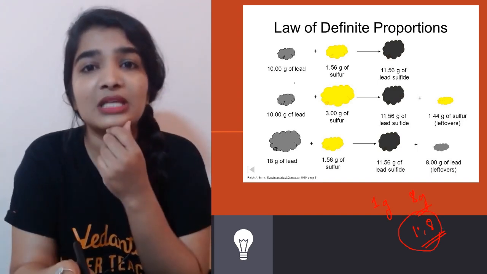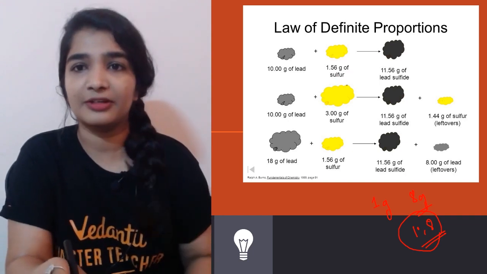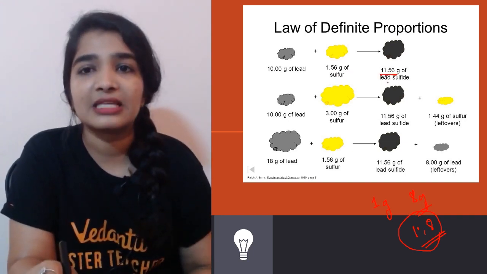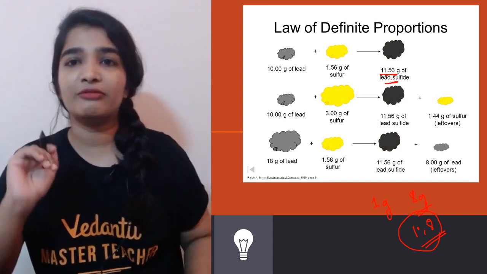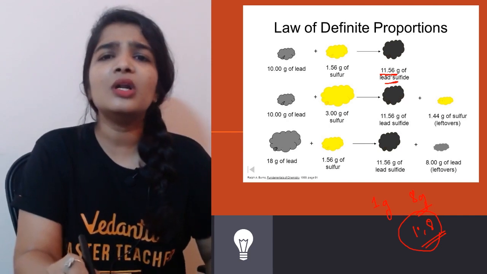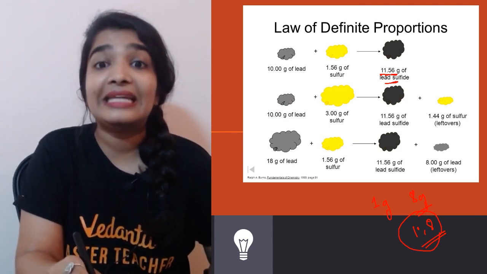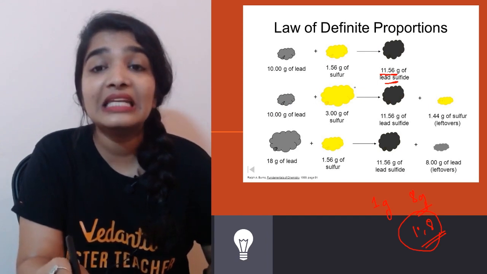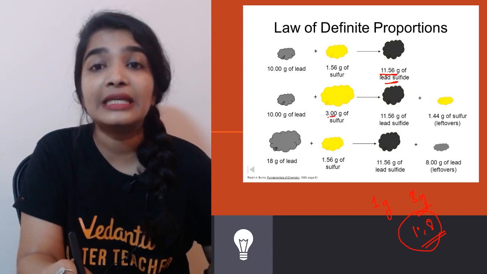Okay, let's take one more example. 10 gram of lead and 1.56 gram of sulfur, you will get 11.56 gram of lead sulfide. Now I will take 10 gram of lead, but I'm increasing the mass of sulfur to 3 grams.